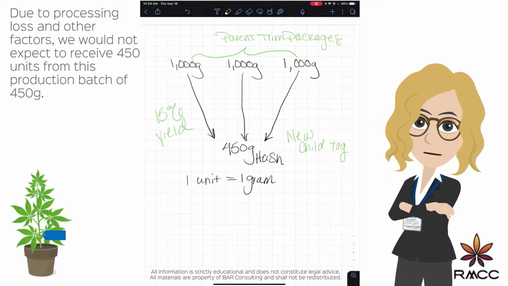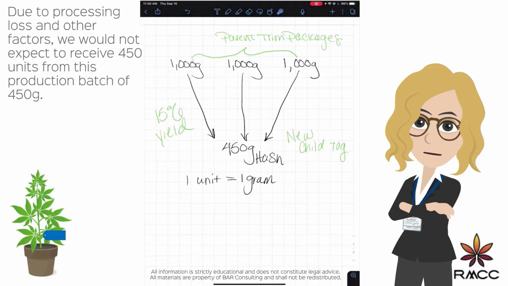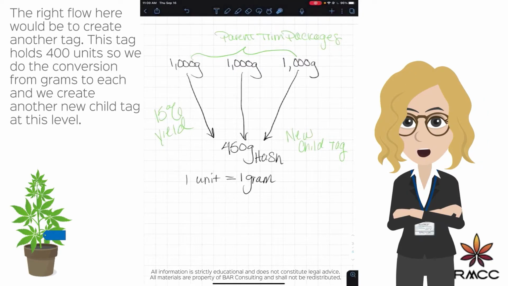And actually, because of processing loss, because we might weigh heavy, because of all of these different things, I would not expect to receive 450 units from this production batch of 450 grams. That just wouldn't be possible. And so the right flow here would be to, let's say we create another tag and maybe we got 400 units. So then we do that conversion from grams to each.